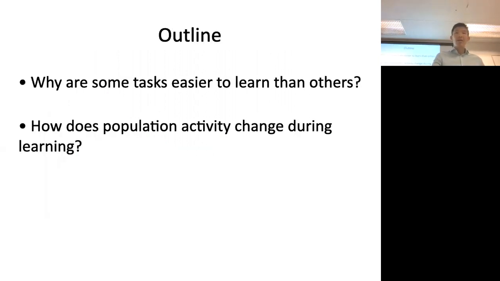So we set out to ask two fundamental questions. One is why are some tasks easier to learn than others? And the second is how does neural population activity change during learning?